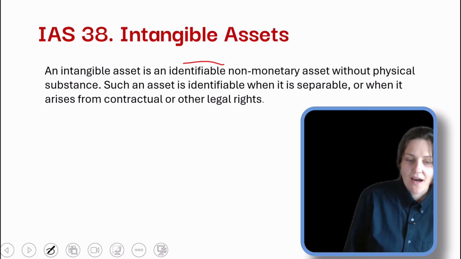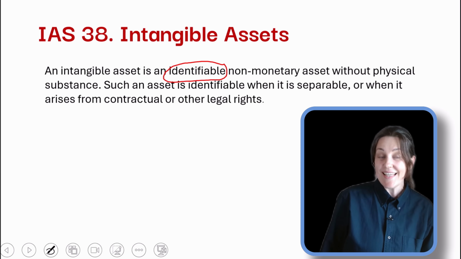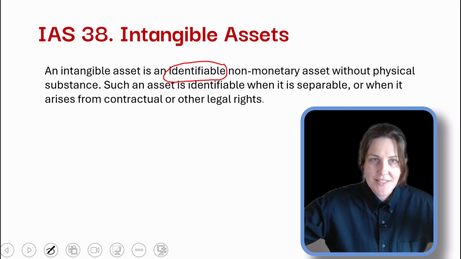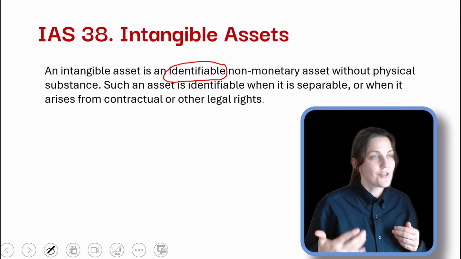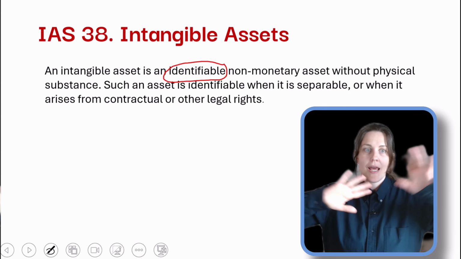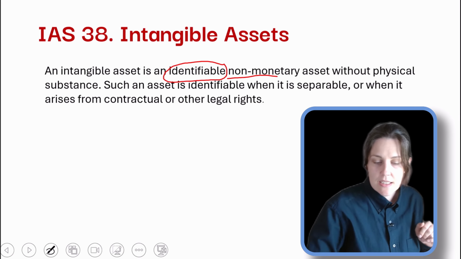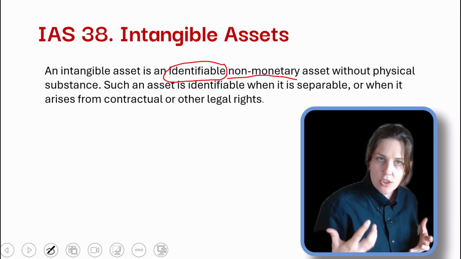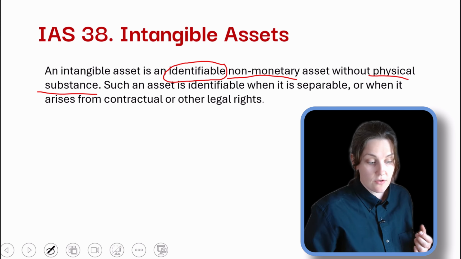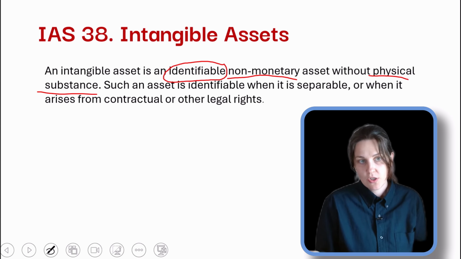An intangible asset is identifiable, so it has to be separable or come from legal rights. That's why we have goodwill at the point of business combination, the purchase of a subsidiary, because there always will be a number of assets that we can't identify separately. So goodwill is this basket of unknown goods. Non-monetary means it does not lead to cash. An asset without physical substance can have some physical form, like a flash drive, but it's immaterial.